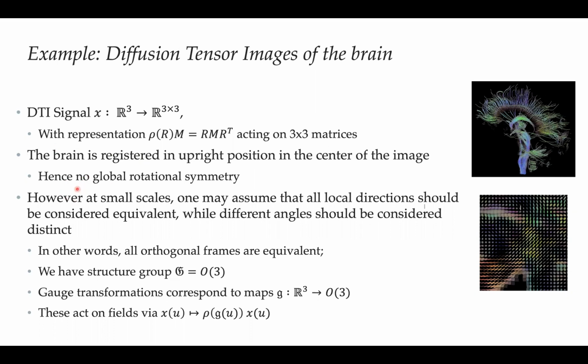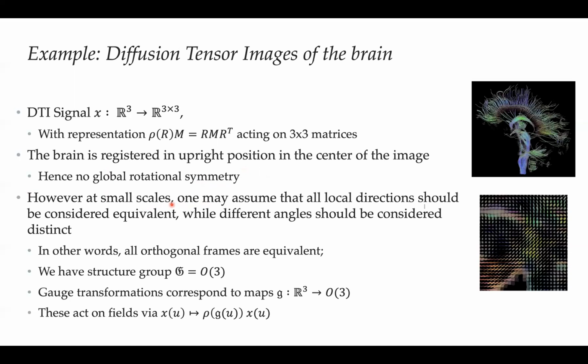So we can say there's not really a global rotational symmetry in this problem. However, at small scales, you can imagine the structure of the brain, that certain local features will occur in every possible orientation, with every possible rotation applied to it with equal frequency.